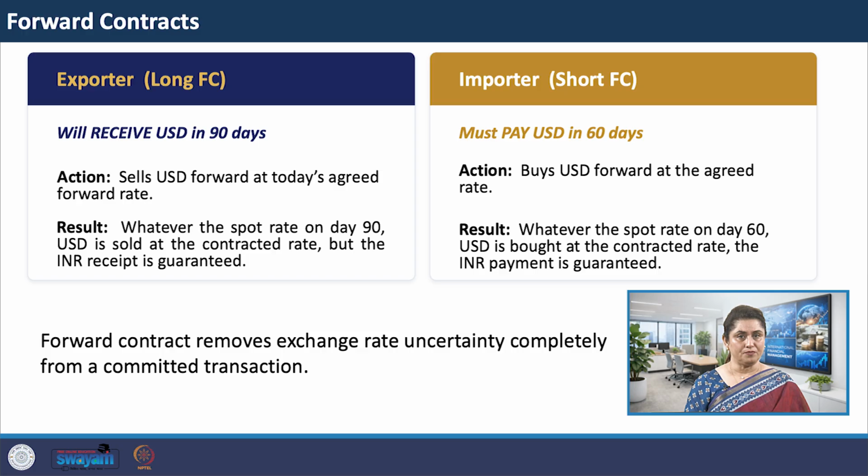For an importer, he knows he must pay USD in 60 days. He enters into a forward contract to buy USD forward at the agreed rate. Again, his INR cost is locked in regardless of how the spot rate moves. This is the power of the forward contract. It removes exchange rate uncertainty completely from a committed transaction.